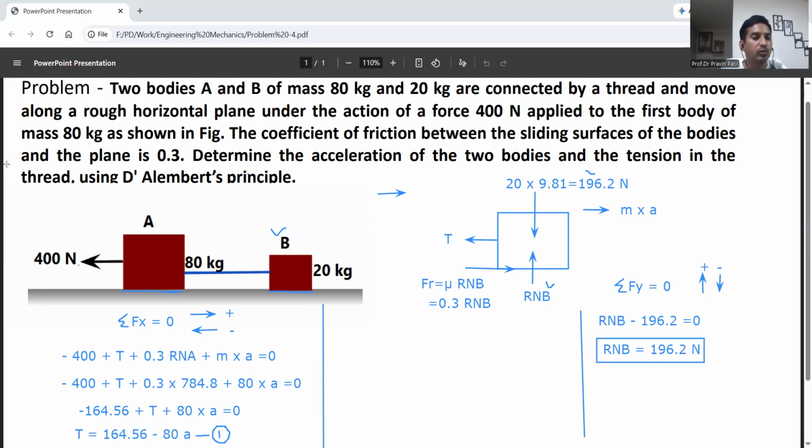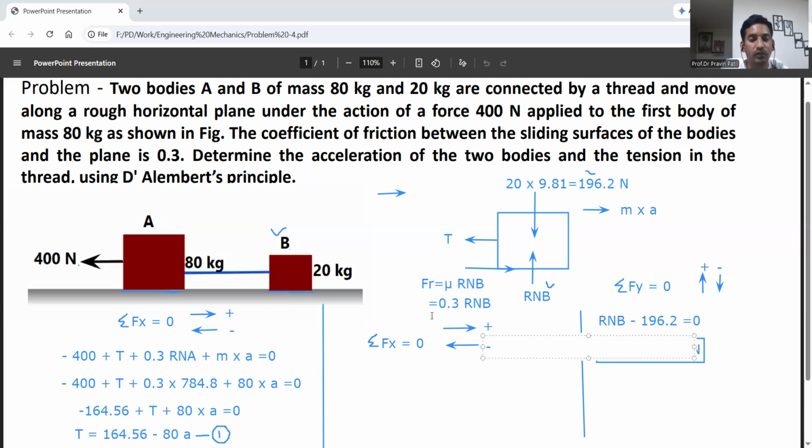For that, the direction of force to the right side will be positive, and the direction of force to the left side will be negative.